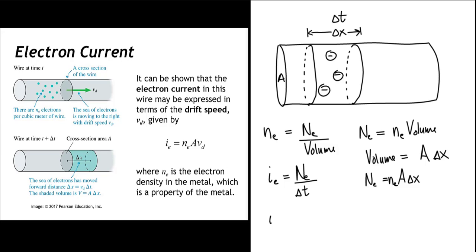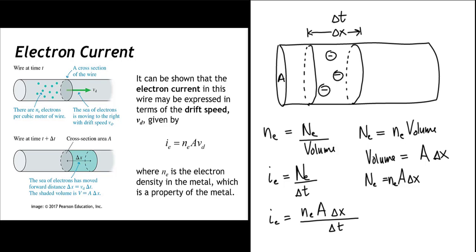This means that we could express the electron current as the number density of charges times the cross-sectional area those charges move through times the displacement divided by the time interval in which those charge carriers move.